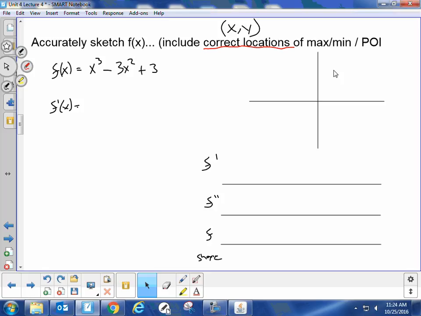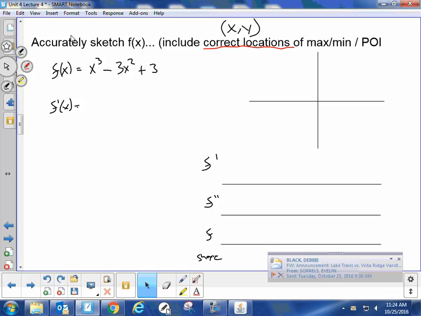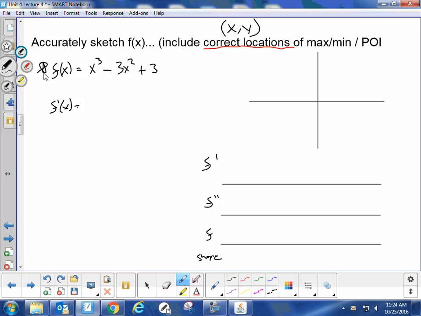Yep. We're sketching f, so we want the locations for f.